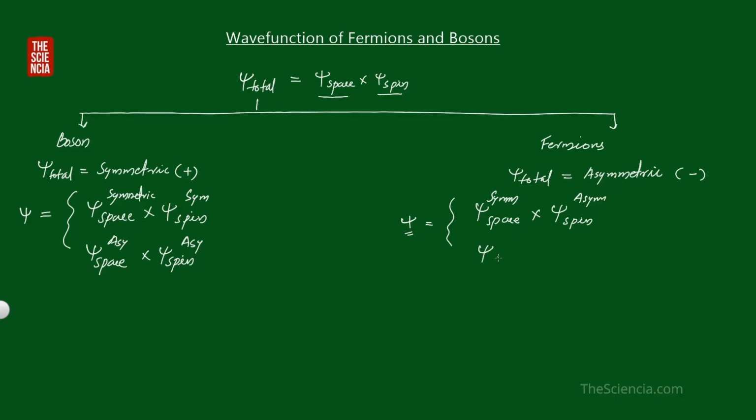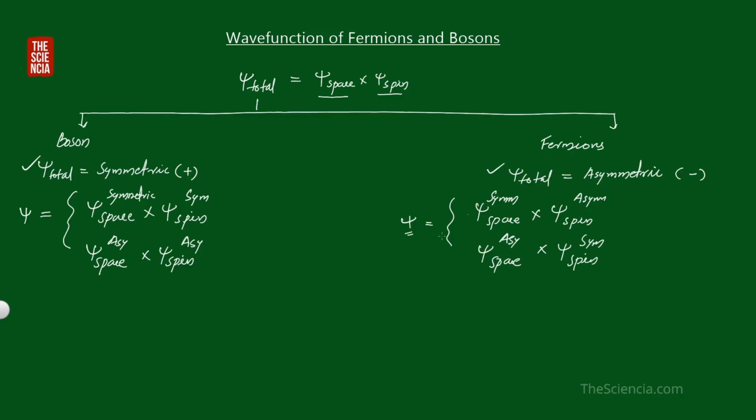And if the space part is asymmetric, then the spin part should be symmetric. Okay, please remember this criterion: the total wave function of a boson is always symmetric and the total wave function of a fermion is always asymmetric.